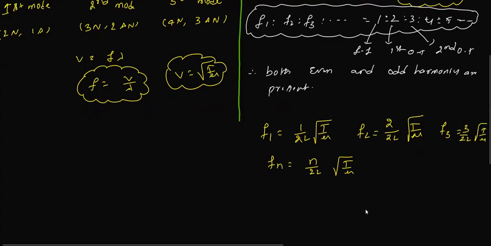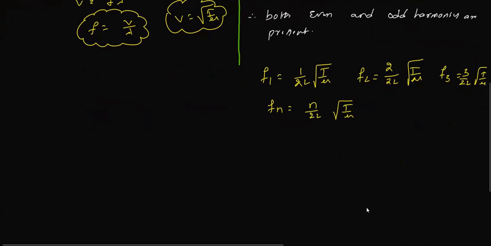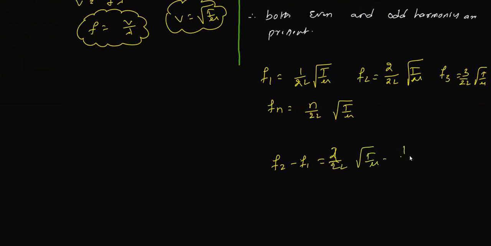If you want to check the differences, let me check F2 minus F1. F2 is 2 by 2L, so F2 minus F1 is 2 by 2L root T by mu minus 1 by 2L root T by mu.